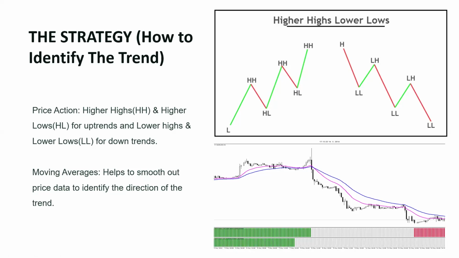Once you're able to identify areas on the chart where the market tells you there's more demand than supply, and also the inverse, you can read the trend. For price action, we have higher highs and higher lows for uptrends, and lower highs and lower lows for downtrends.